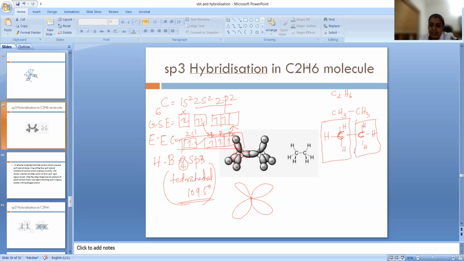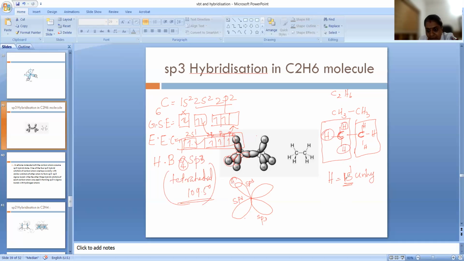Now, the hydrogen atom is there. Each carbon is attached to 3 hydrogen atoms. If you take a hydrogen atom, it has a 1s1 configuration. So this unhybridized s orbital will be bonding with the sp3 hybridized orbitals: 1, 2, and this is the third one. This will be overlapping with the hydrogen atom.